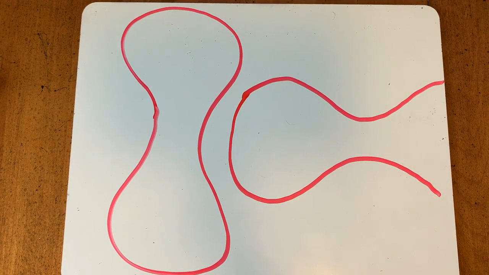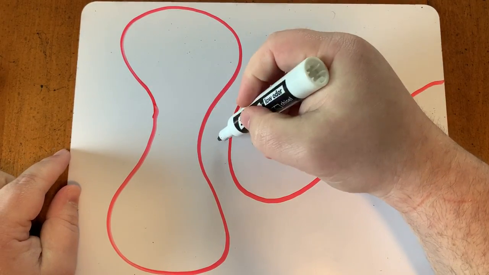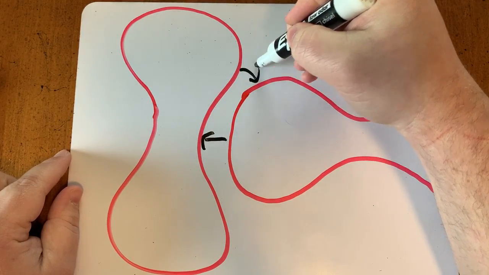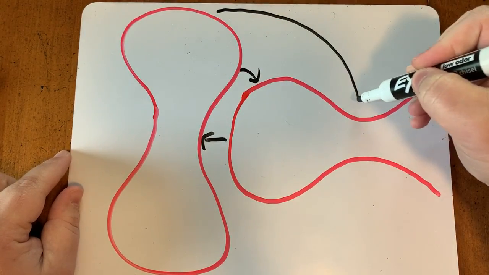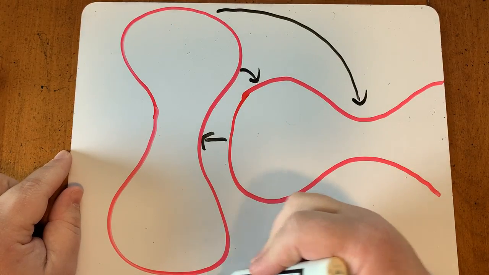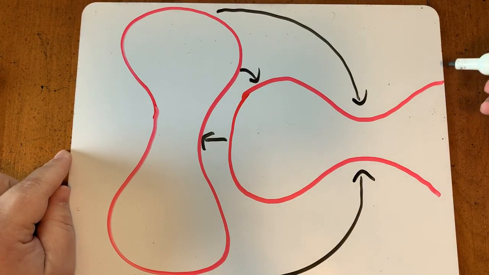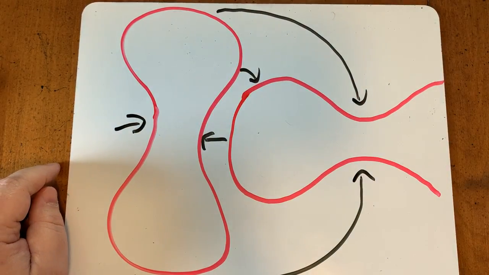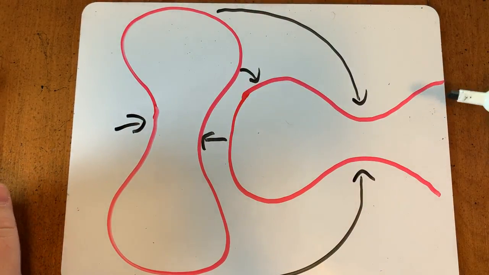So, what would happen is this would tuck into here. This would end up wrapping around until this tucks into there. This curve tucks into there. And this part that you don't see would tuck back into here. And that would cover the whole sphere.